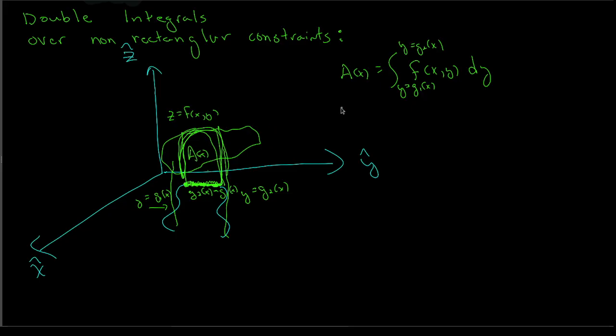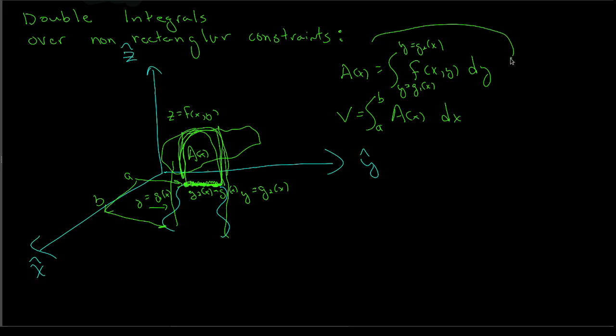Well, if I want my volume then, I'm going to take my area slabs and I'm going to integrate them from a to b in x. I'm going to go from wherever my starting point. And so I can do a to b of some area element in x dx.